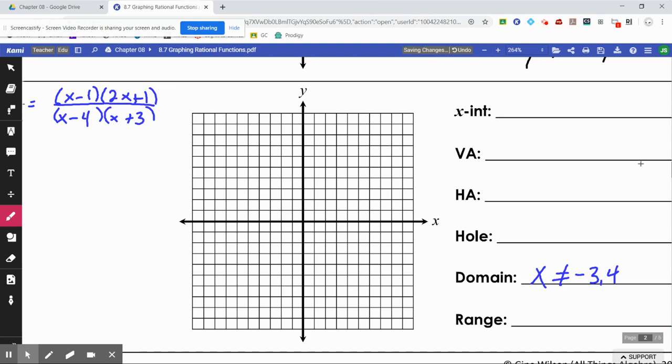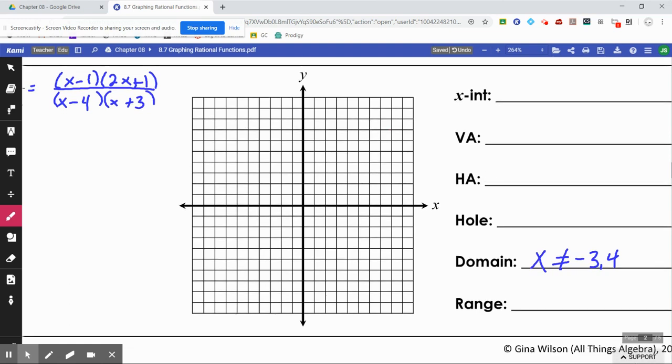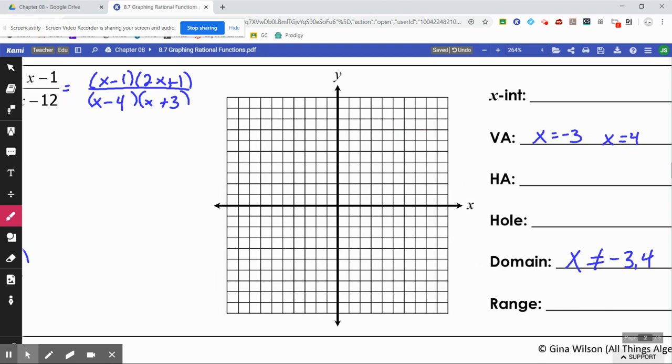Now again, let's see if they're vertical asymptotes or holes. If they're factors of both, if there's removable discontinuity where they cancel out, then it's a hole. However, neither one of these is that case, so you will have a vertical asymptote at x equals negative 3 and at x equals 4. That puts no holes, none.